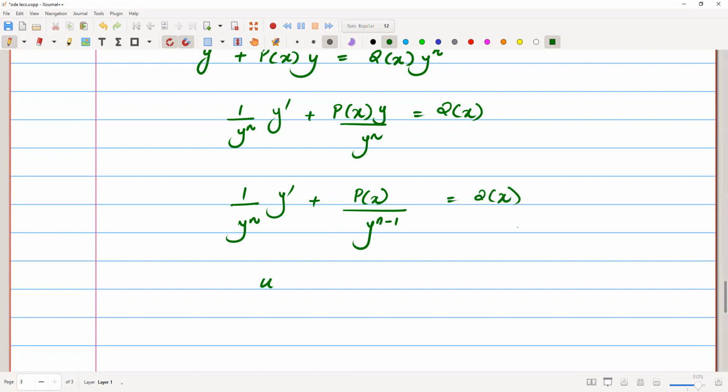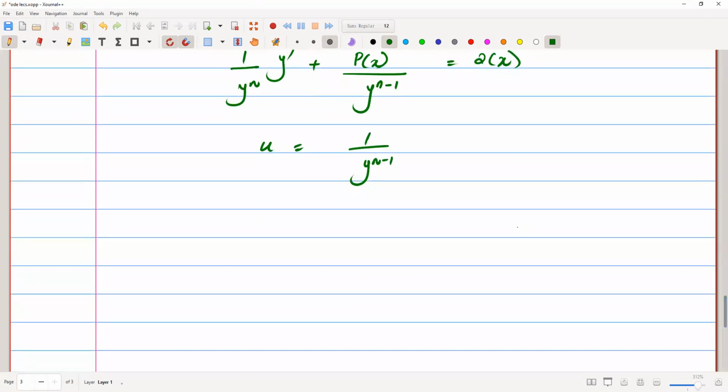So now we can assume that u equals 1 over y to the power n minus 1, and then differentiate with respect to x, both sides. So du by dx equals the derivative of y to the power 1 minus n, right?